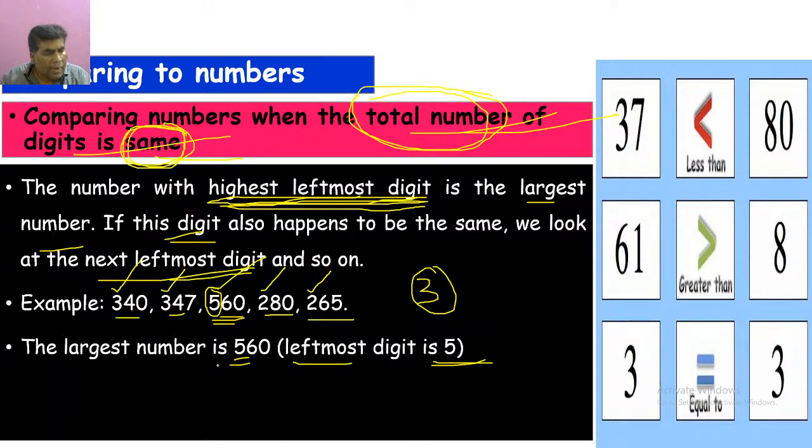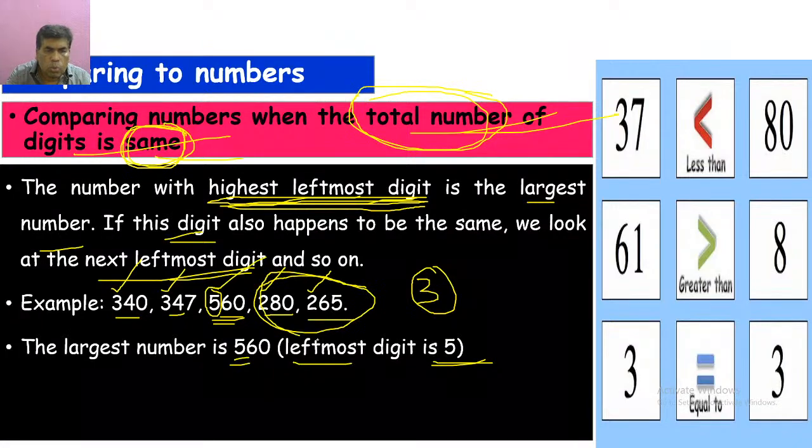What is the least number? Try to guess the least number. Which one is least? 2 is the least digit compared to 3 and 5. So we have two numbers starting with 2.